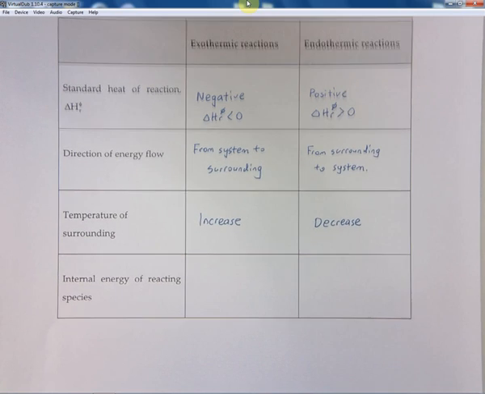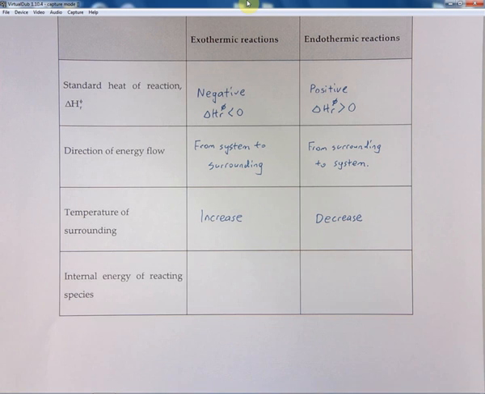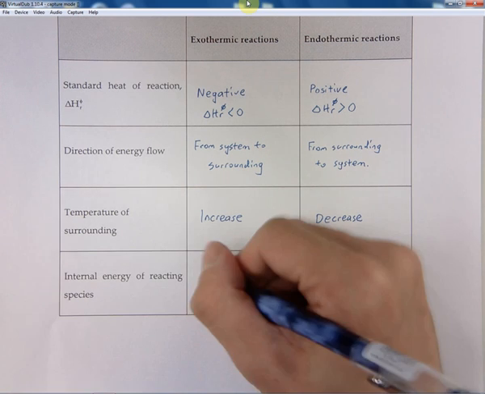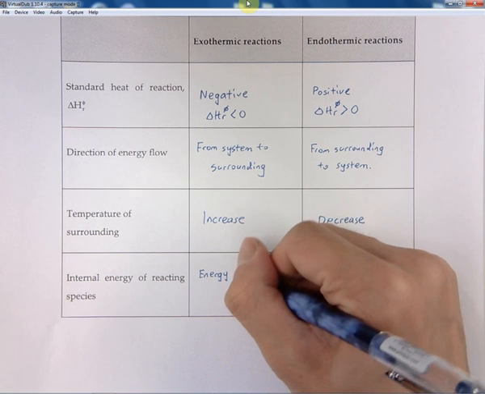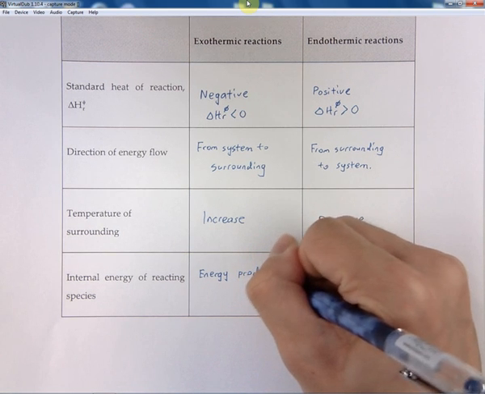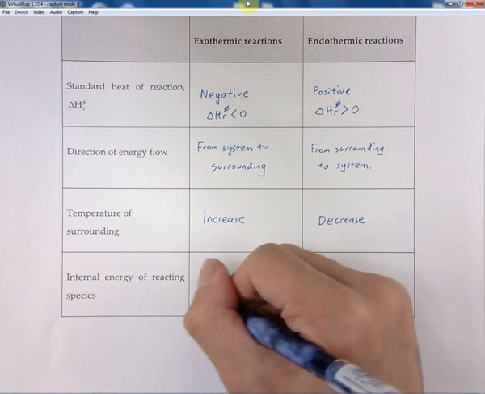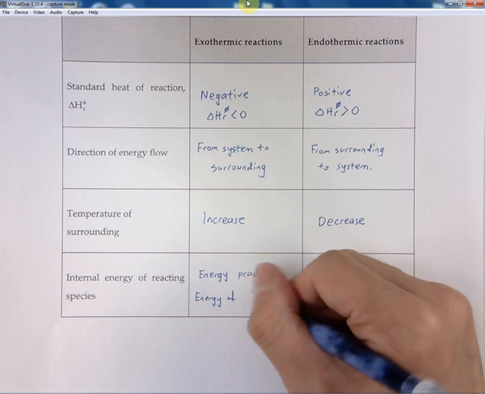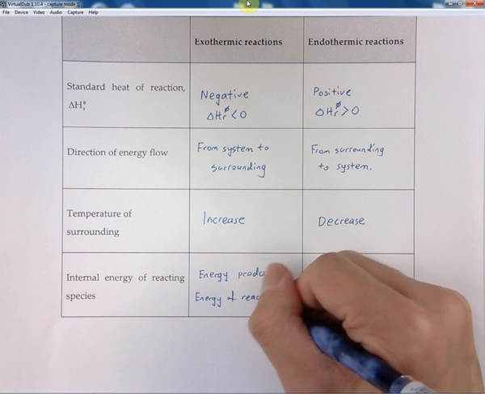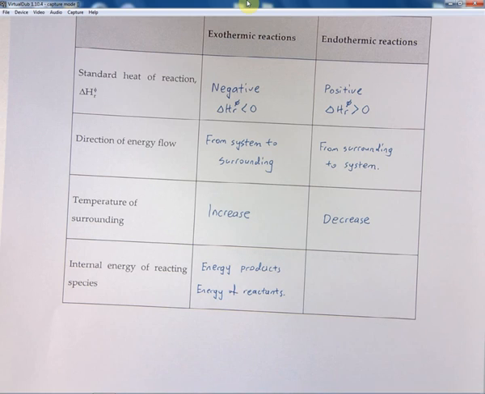Now the internal energy of the reacting species. As we mentioned earlier, we are now looking at the energy of the product compared to the energy of the reactant. For an exothermic reaction, there is a decrease in the energy because the energy actually moves from the system to the surrounding.